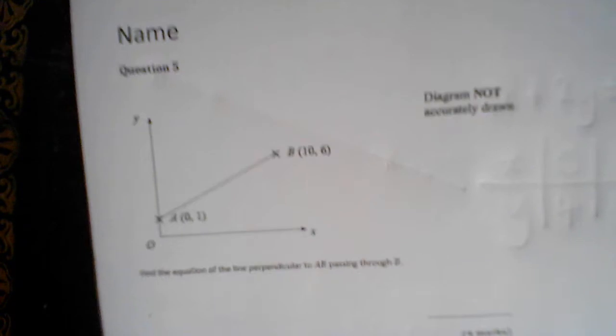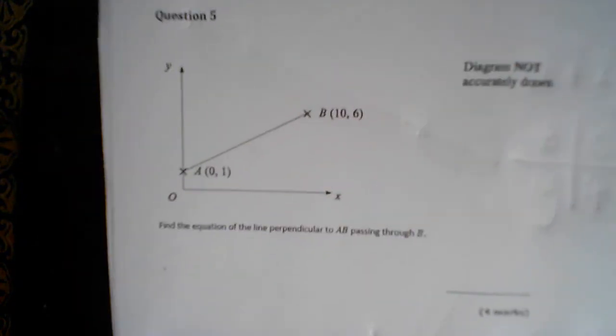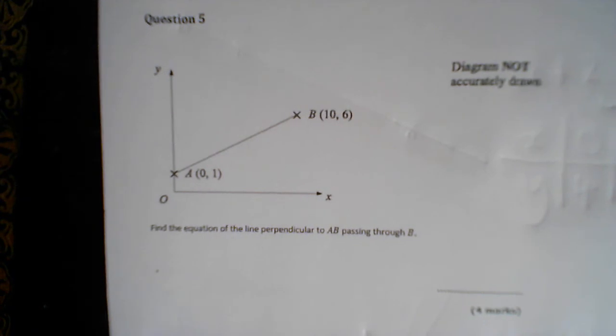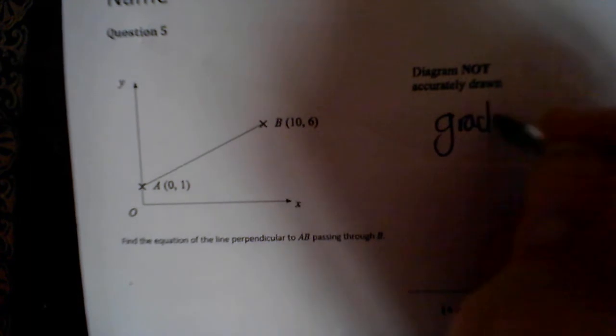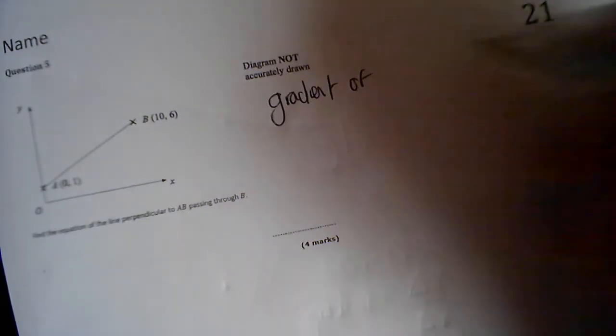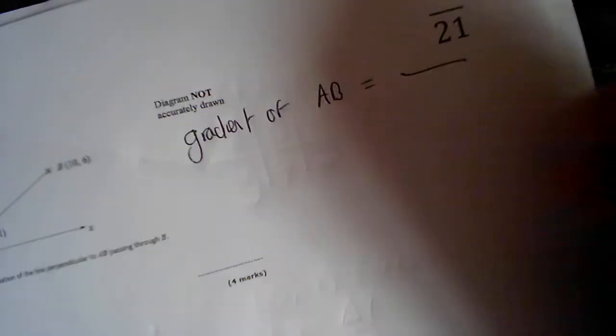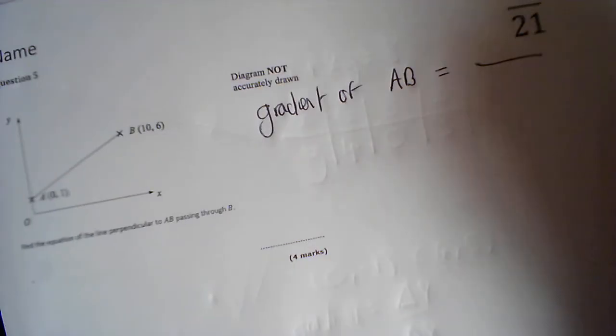Right, so let's have a look at the next one. That was the first page. This is the second one. Find the equation of the line perpendicular to AB passing through B. Well, the gradient of AB is the difference in y over the difference in x.